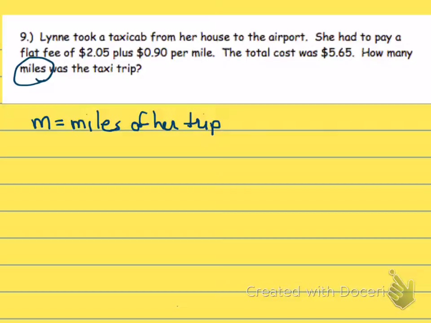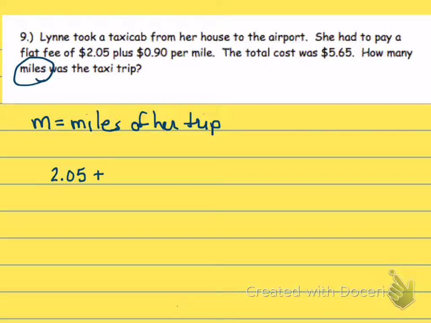I choose a variable and define it. So you can see I've defined my variable. And reread the problem and write an equation. So, she took a taxi cab. I don't really need to know that. I just need to know what I'm looking for here. And she had to pay a flat fee of $2.05. So I know that she had to pay $2.05 plus, so of course addition.